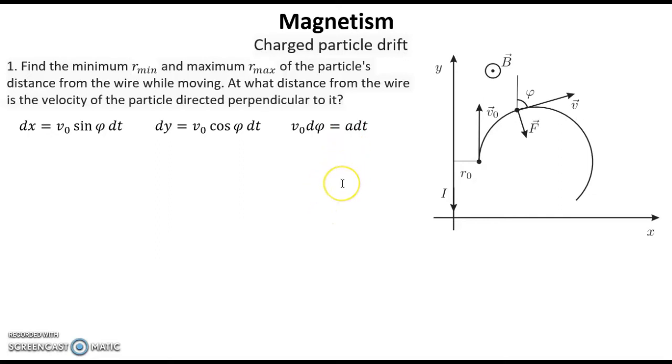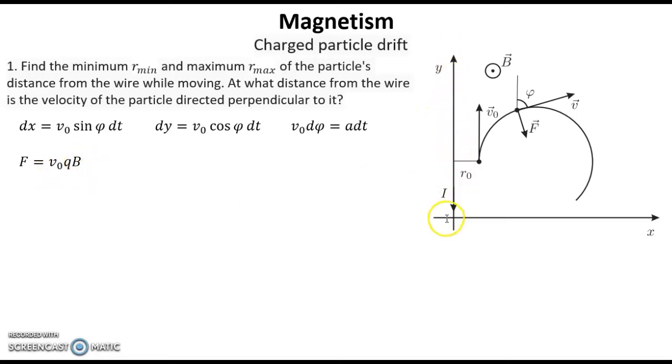This acceleration can be found from the force acting on our particle, and because our magnetic field is always perpendicular to velocity, we have force equal to v0 QB, where B is the magnetic field created by this current.